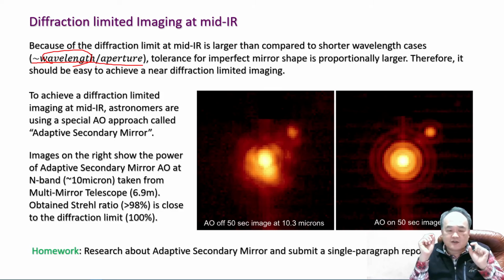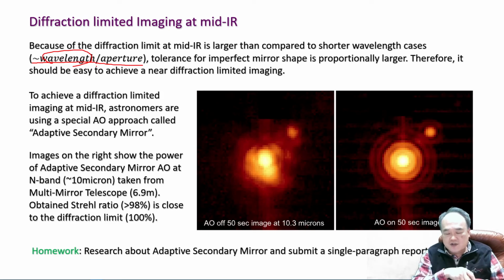So that means for a given size of imperfection in the primary mirror and any of the instrument surfaces, achieving diffraction limited imaging capability at mid-infrared is much easier. But because of this special operation mode of chopping the secondary, the image quality is greatly degraded.